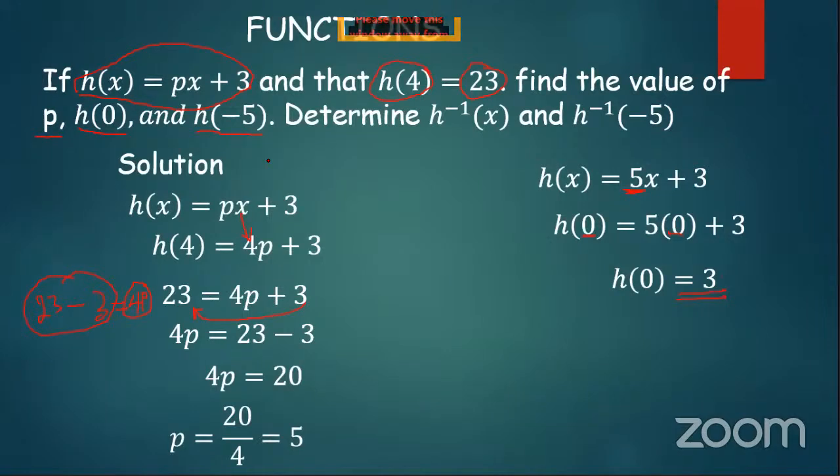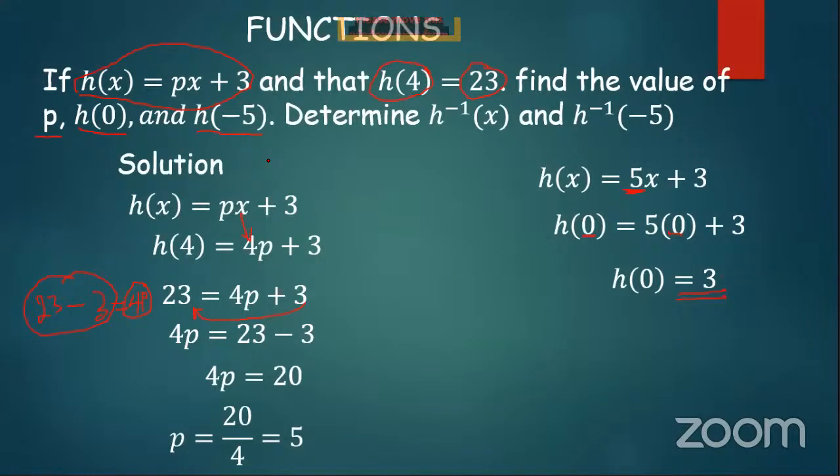Finding h of -5, you're going to say h of x equals px plus 3. Here we got the value of p, which is equal to 5. So we shall substitute the 5 into the other function up. So we shall say h of x equals 5x plus 3. Afterward, we are going to find h of -5, and where there is x, we are going to substitute -5.